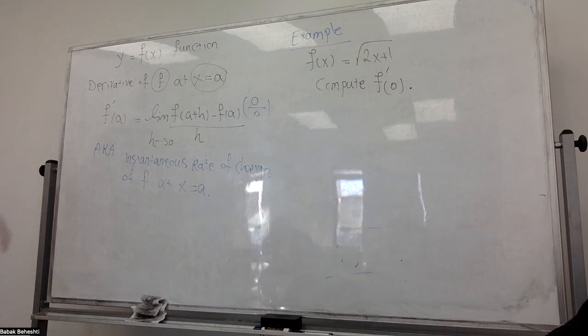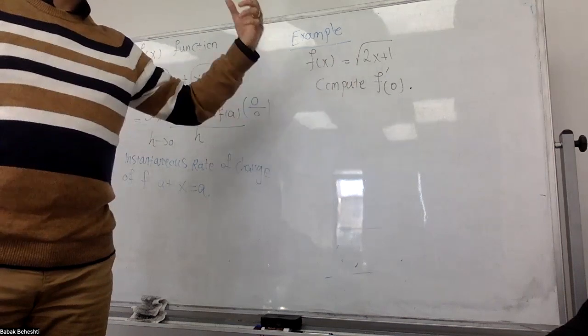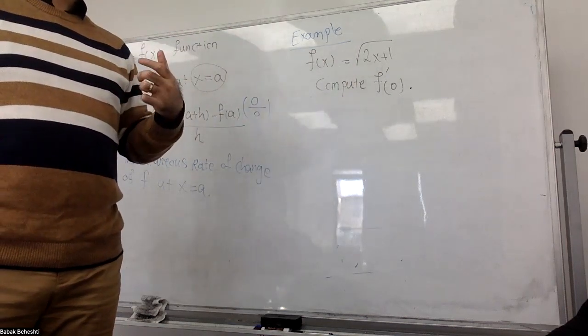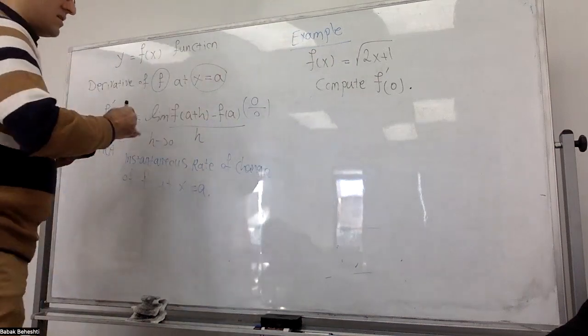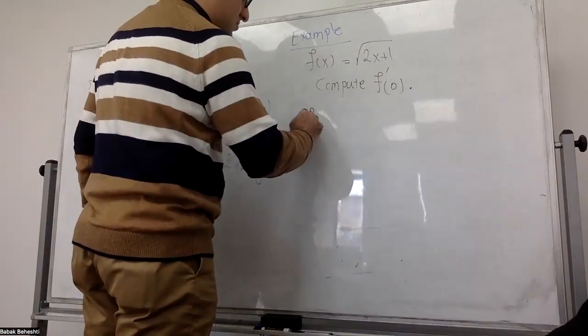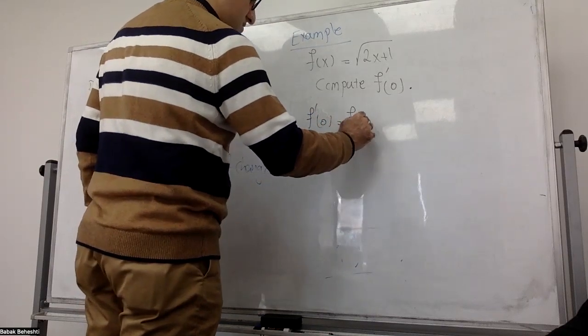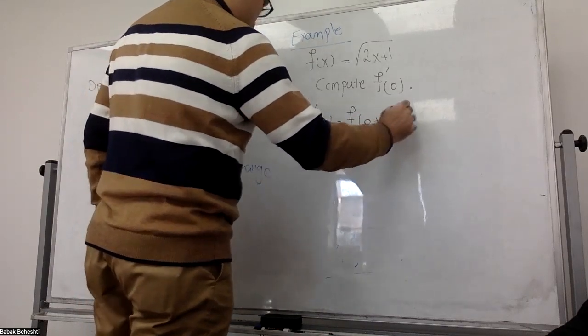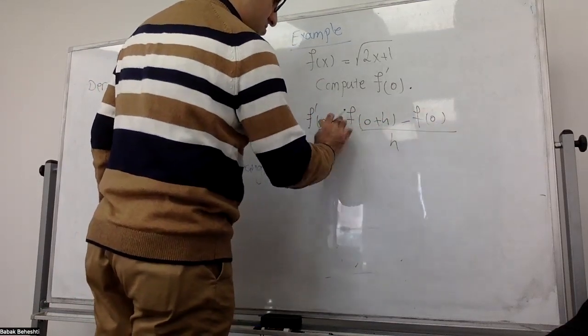So for this example, f of x equals root 2x plus 1, and I want you to compute f prime of 0, that is the instantaneous rate of change of f at x equal to 0. So by definition, f prime of 0 is equal to the limit as h goes to 0 of f of 0 plus h minus f of 0 divided by h.